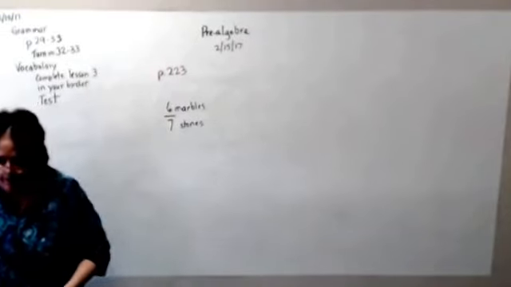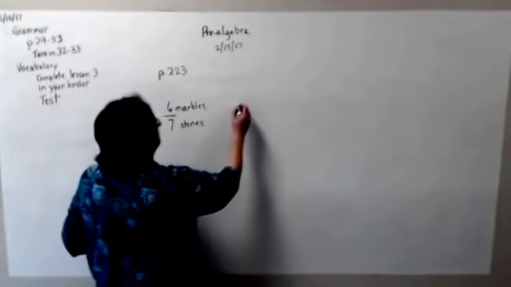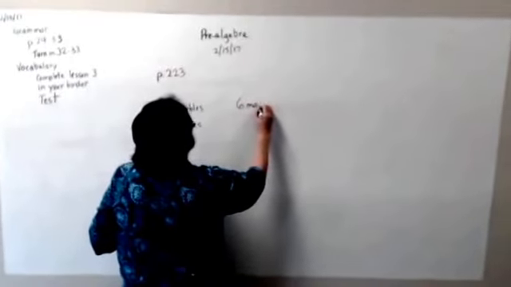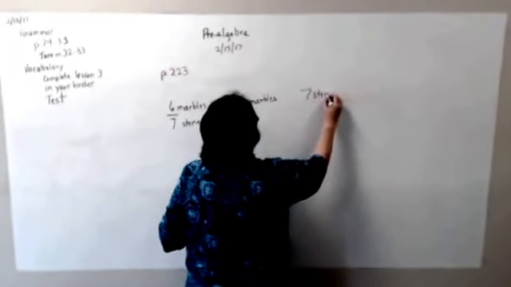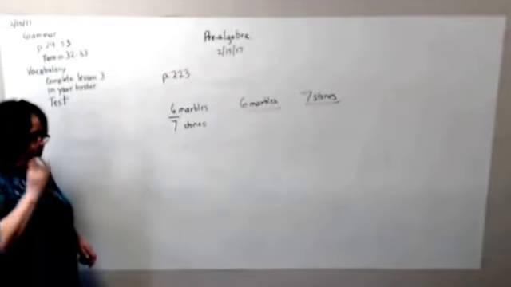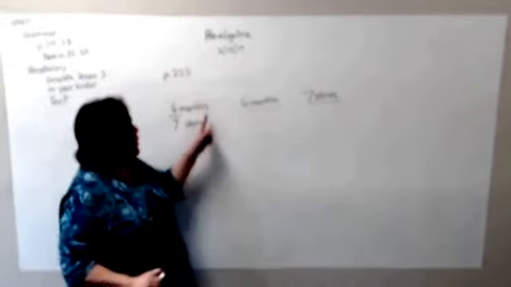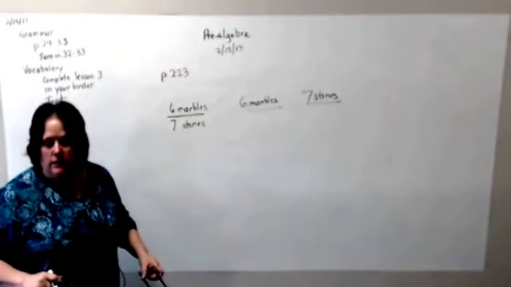Now, that's part and part, isn't it? So I need to have one part on top and then the other part on top. And then what do I need to have at the bottom? This is part to part. What do I need to have at the bottom of these now, Ethan?